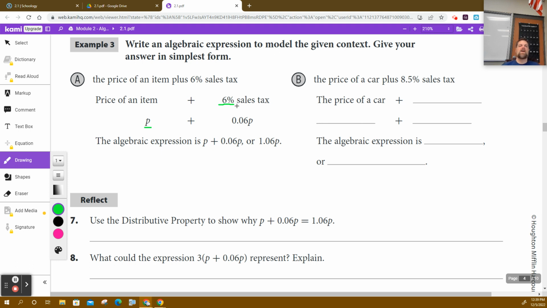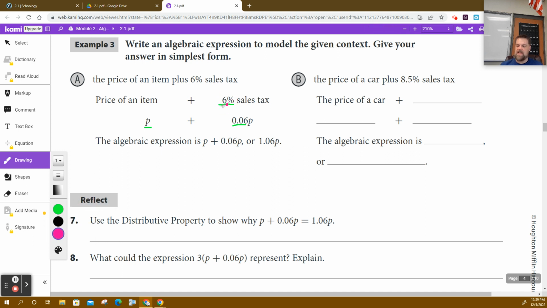What would you times it by, though? What does 10% mean? $10 is 10%. But remember that this percentage is a decimal. So 6% is really 0.06.